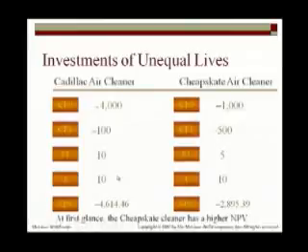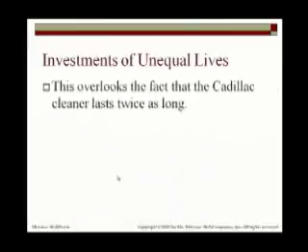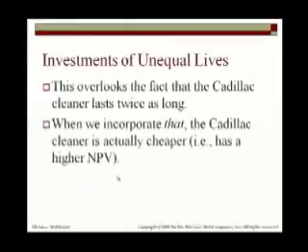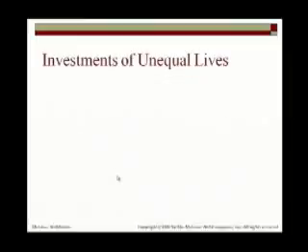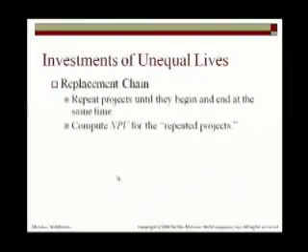So we have two choices. We can either match these up so that the lifetimes match up. In other words, we can string together a couple of cheapskate cleaners so they match up with a Cadillac, or we can calculate what we call equivalent annual costs. So matching these up so that they line up is called a replacement chain.